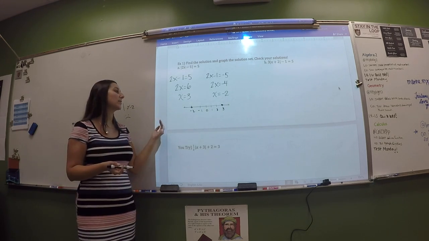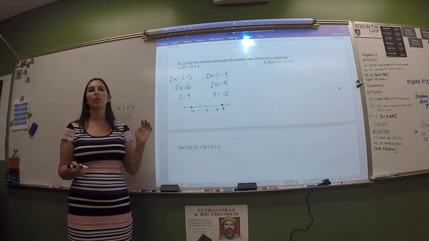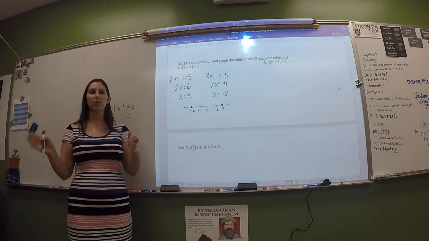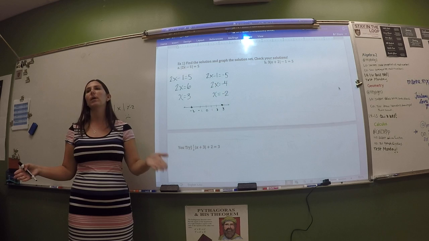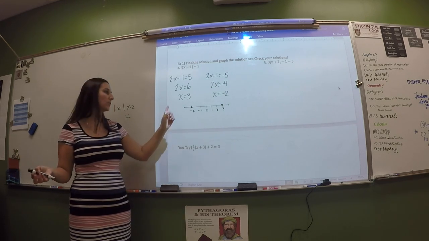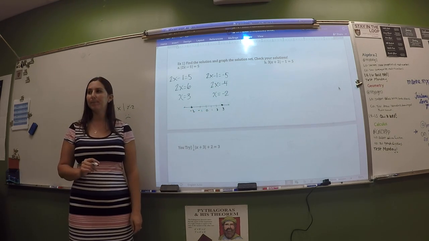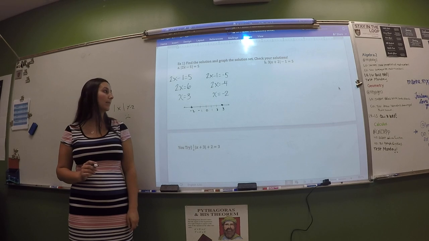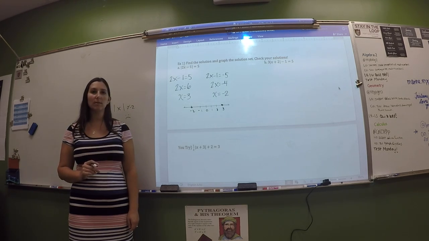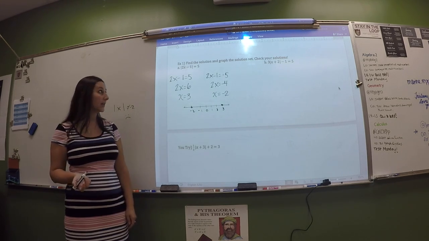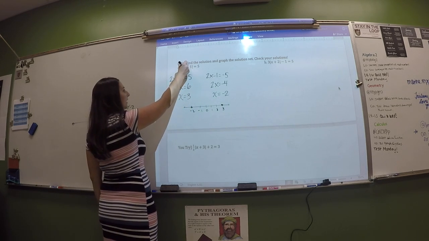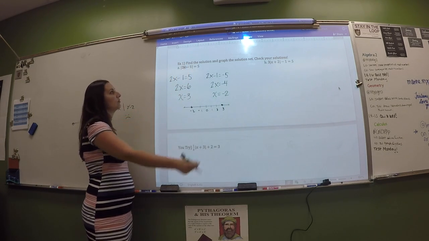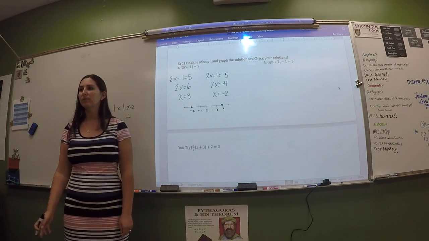We're not talking about numbers in between -2 and 3, bigger than that, or less than that. We're just talking about -2 and 3. So you just put a dot and a dot, and that's it. Questions? You can check your answer by putting this back in here, and you should get 5 equals 5.